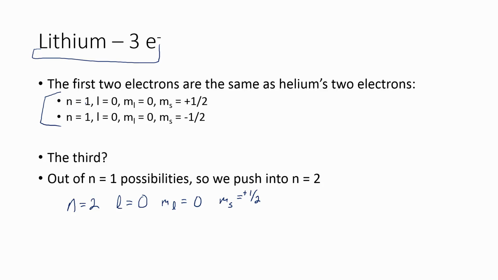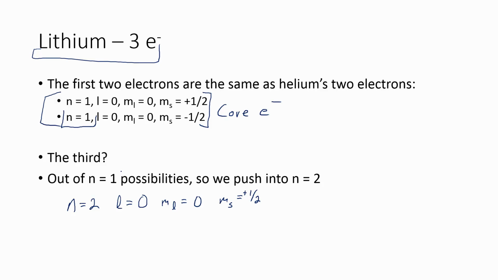Notice something here. n equals 1 is one distance away. n equals 2 is a little farther out. These are the core electrons that we talked about earlier. Helium has a full shell of electrons, and that shell is that principal quantum number, n equals 1.